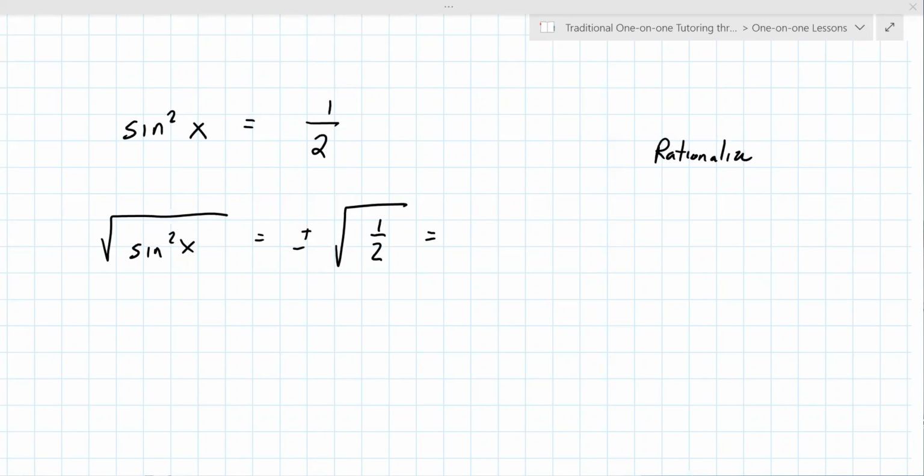No. Okay, so you're going to take the square root of the top and the square root of the bottom, right? Do you know the square root of the top? 1. How about the bottom?